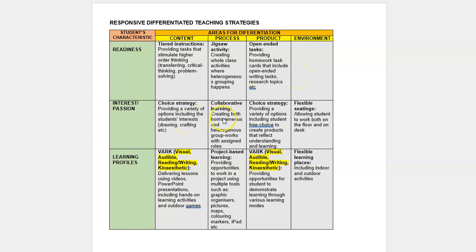Choice board, collaborative learning, choice strategy, flexible seating arrangements. Here's their VARC strategies. They've highlighted all of them that they are competent and capable in, and that's how they're going to do it. So that's just for student 1. So this is repeated for the 3 students that they had.